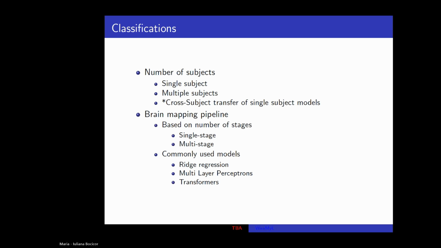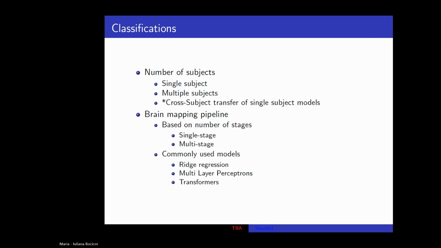Then based on the brain mapping pipeline, there are multiple types of classifications, and this can be expanded longer. So we have single stage or multiple stage pipelines. Some pipelines want to at first reconstruct just a blurry version and then enhance that blurry version with additional semantic embeddings.